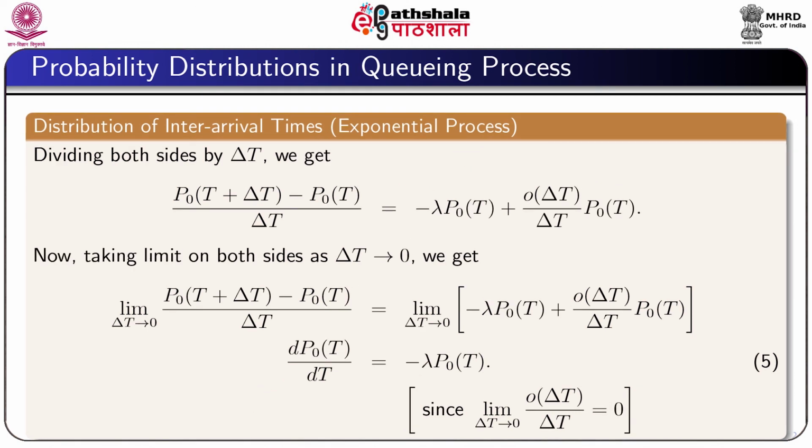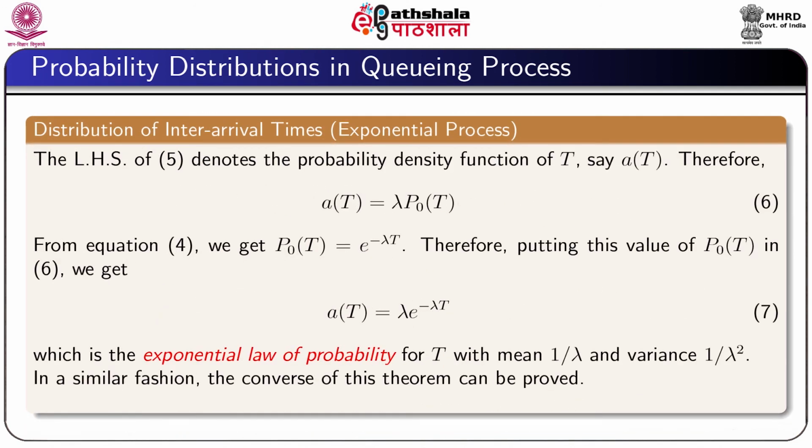Rearranging and dividing by delta t, we get, as delta t tends to 0, dP0(t)/dt equal to minus lambda P0(t). The left hand side of 5 denotes the probability density function of t, say A(t). Therefore, we can write A(t) equal to lambda P0(t).